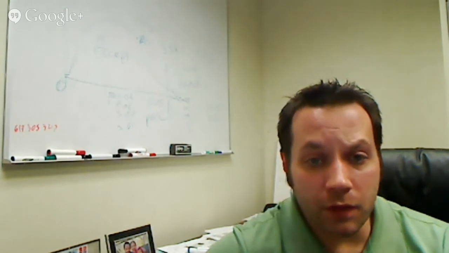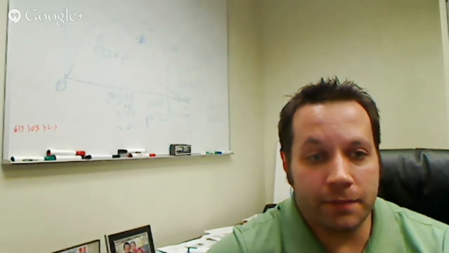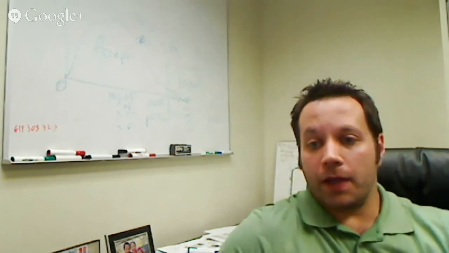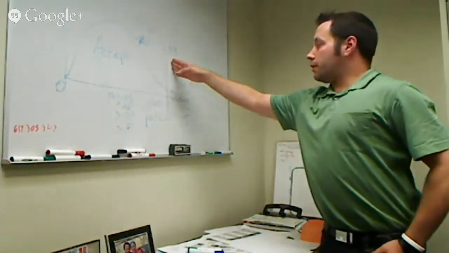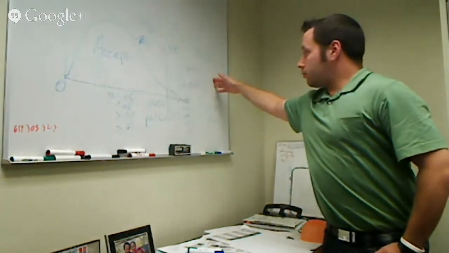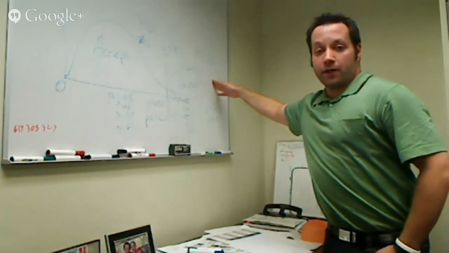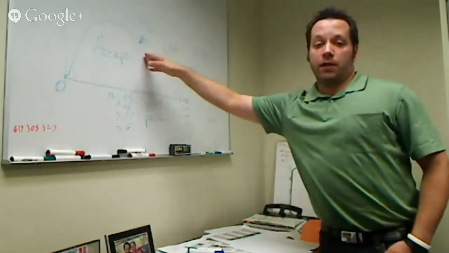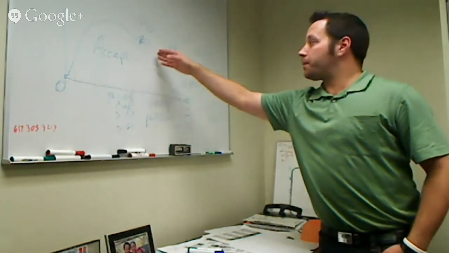Okay, so what exactly does this mean? Well, again, as we discussed, we're talking about our critical value regions here, that we reject the null hypothesis when p is less than 0.05. We accept the null hypothesis when p is greater than 0.05.